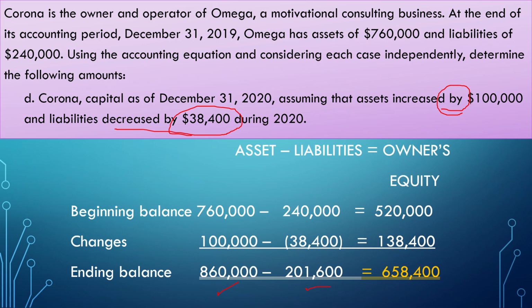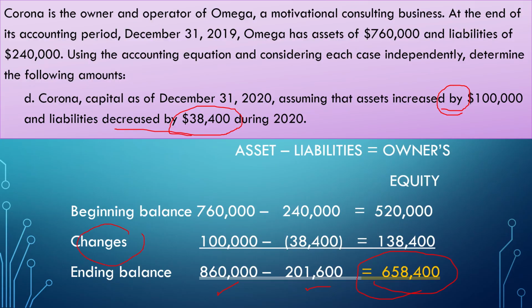So ending balance of LIAB will be deducted from the ending balance of asset. So you get the ending balance of owner's equity, which is 658,400. Again, you can use the other way, like this one, the changes.